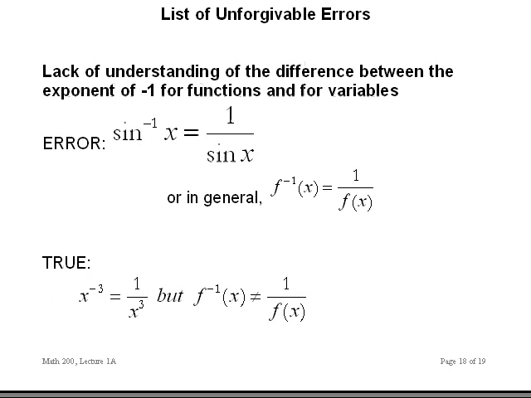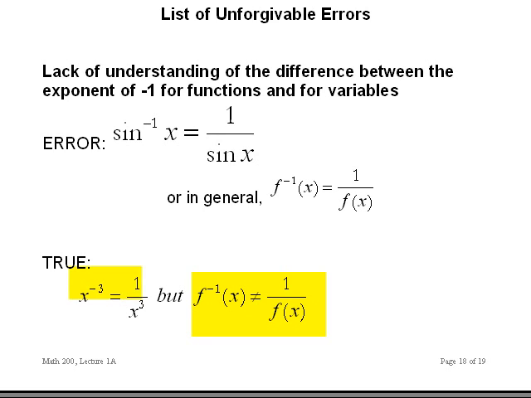This error has to do with a quirk in math notation. Most of the time math notation is consistent, it's precise, it's very well thought out. However, when it comes to the inverse of a function, f to the minus 1 does not equal 1 over f.